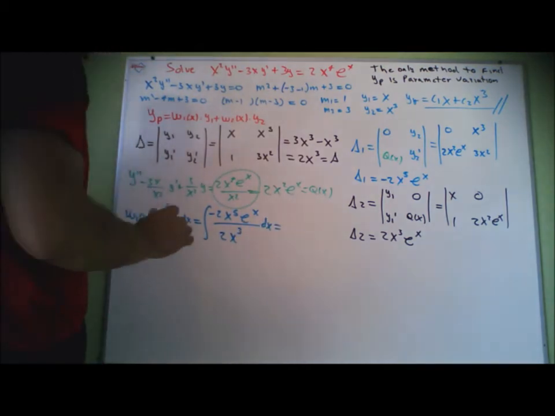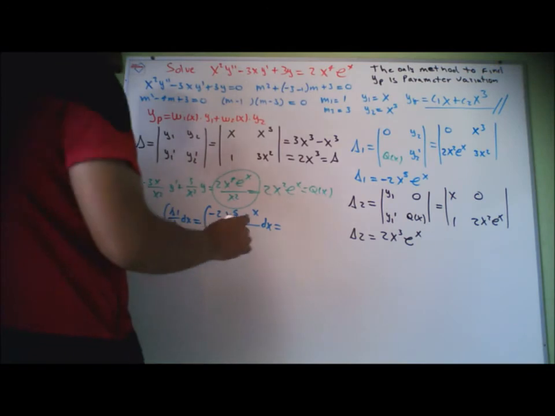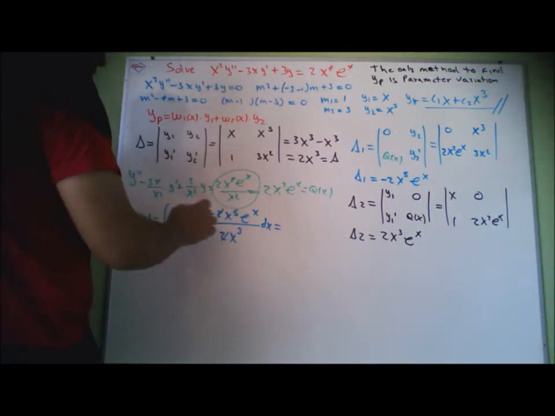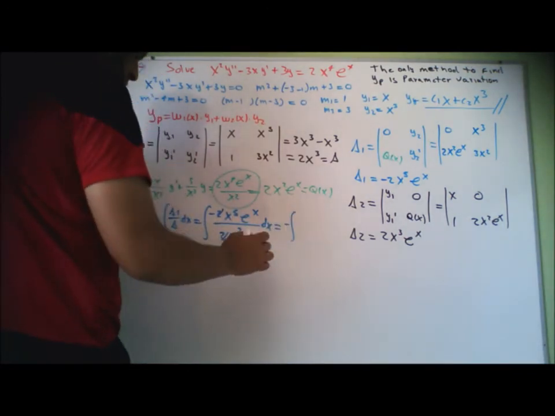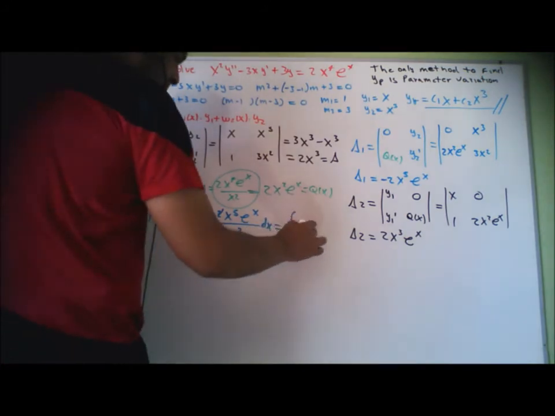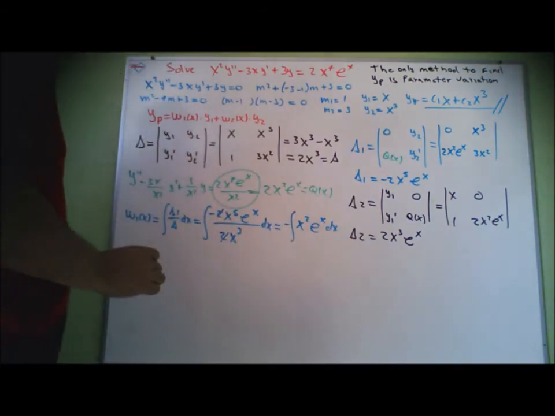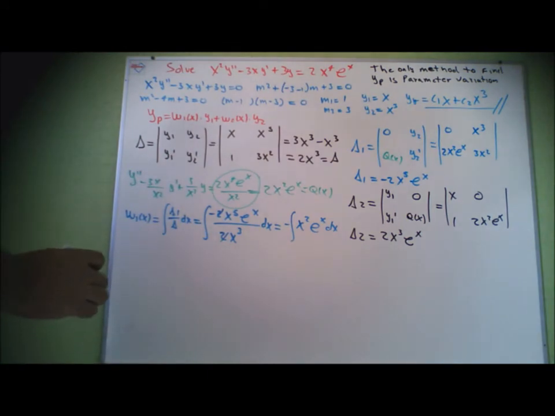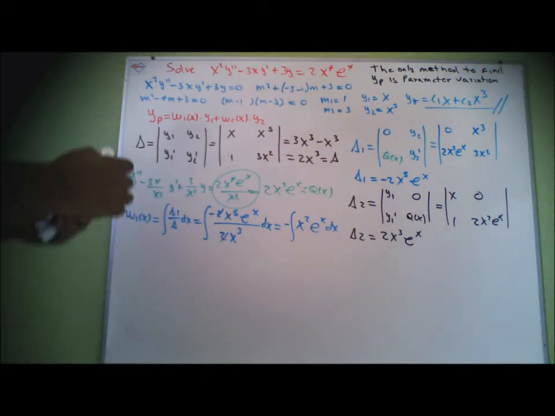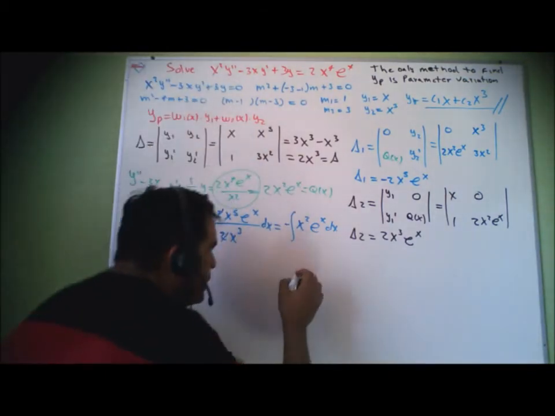Okay, so the result of this is going to be, 2 and 2 cancel, the minus goes outside, integral of x squared exponential of x differential of x. What we have to do is integration by parts 2 times here. Anyway, let's do it.